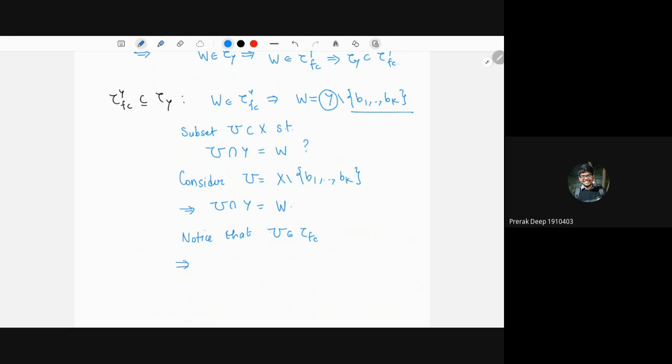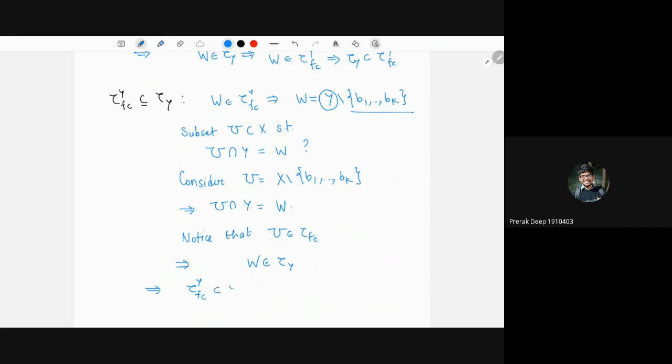So this implies that W is in the subspace topology of Y. In the end we can say that we started with an element in the finite complement topology and we get that element to be part of the subspace topology.